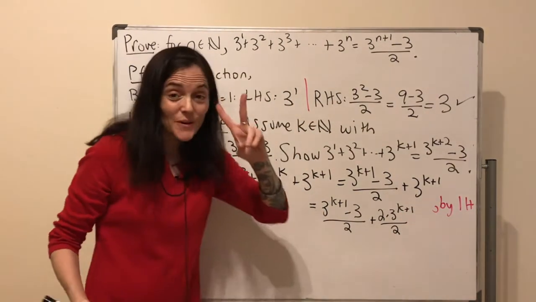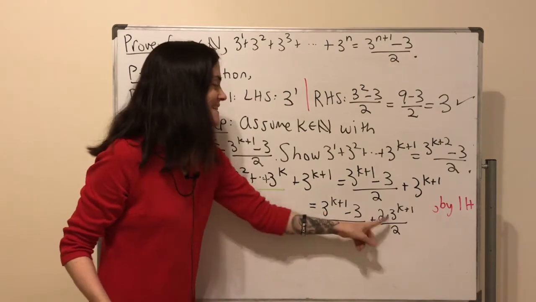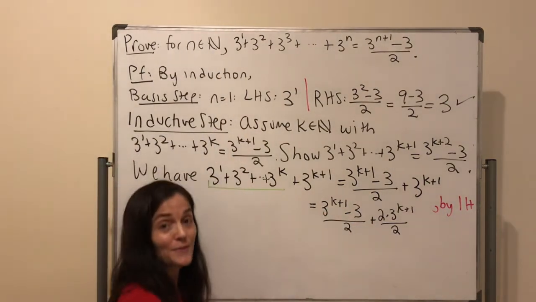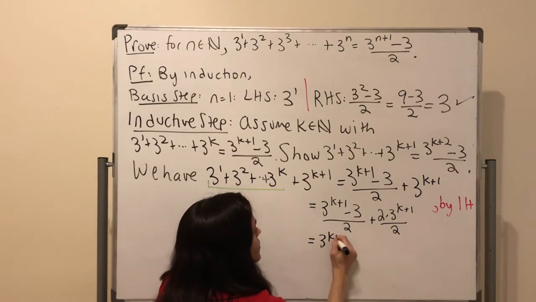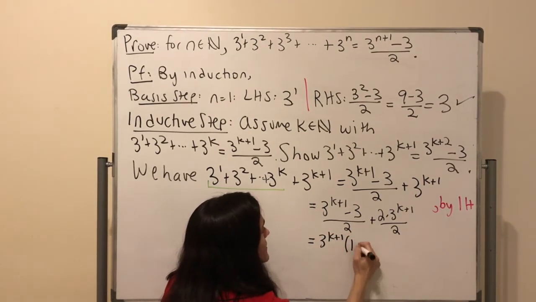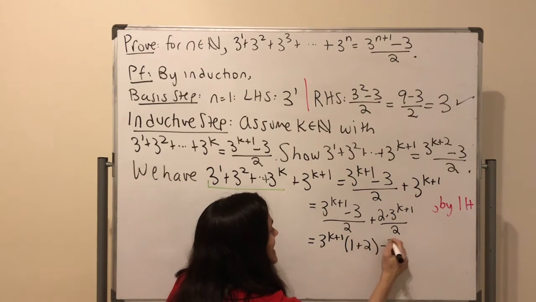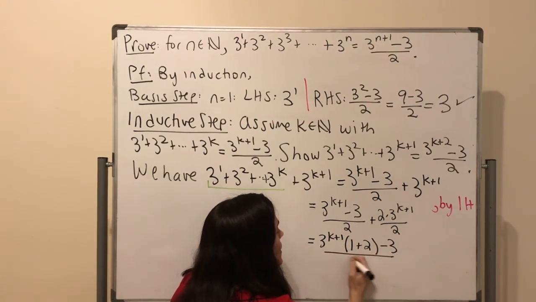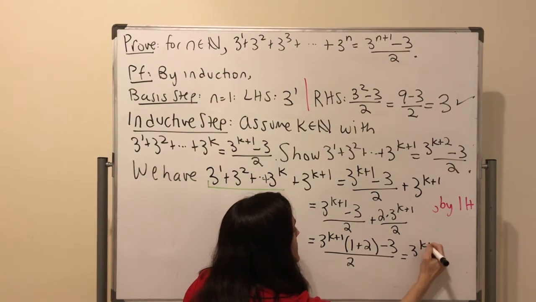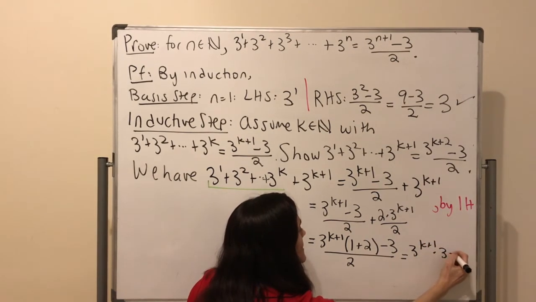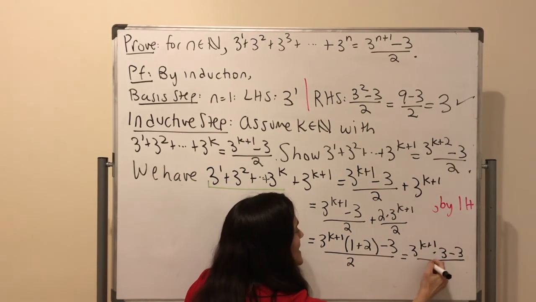Now, 2 of these terms, this one and this one, I can factor out a 3 to the k plus 1. So I have 3 to the k plus 1 times 1 plus 2, and then minus 3 all over 2. This is 3 to the k plus 1 times 3 minus 3 over 2.